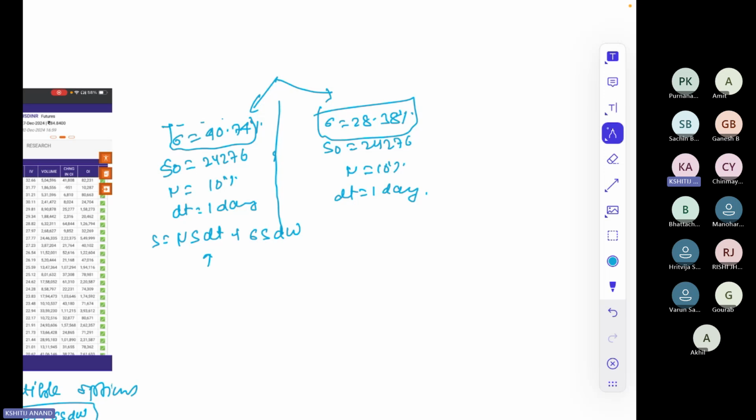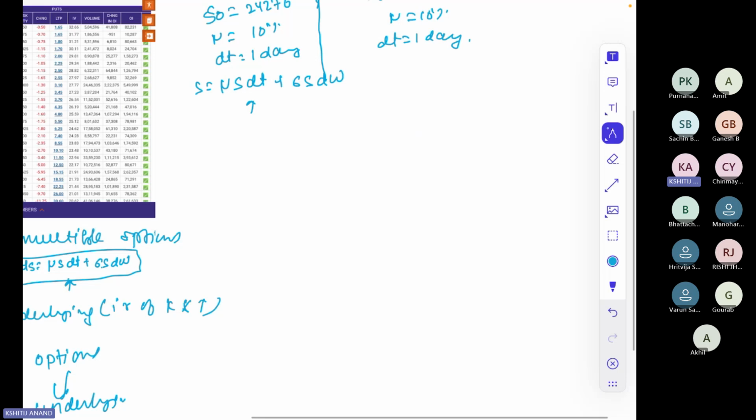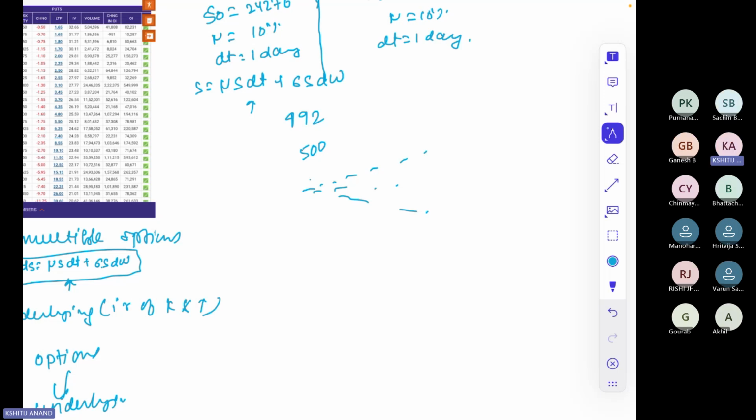So it is interesting. Let us take this problem. 492 was the current price of that underlying, and 500 was the strike price. If I want to price this option, I will be considering the volatility in the future. What volatility will we be expecting in the underlying in the future? Whether the volatility will be so high that it will cross 500.